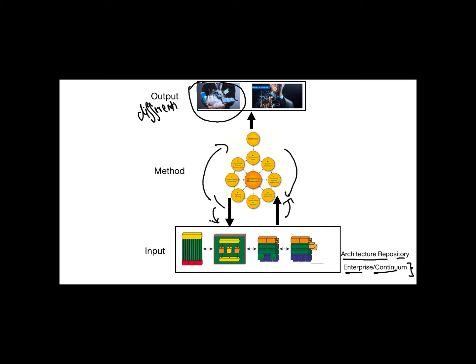So it could happen that there are 2 customers who have some kind of a repository and some kind of an ADM cycle, and that could be tailored. We know ADM can be tailored. So let's say company A may be using 6 phases, and company B may be using all 8 phases.